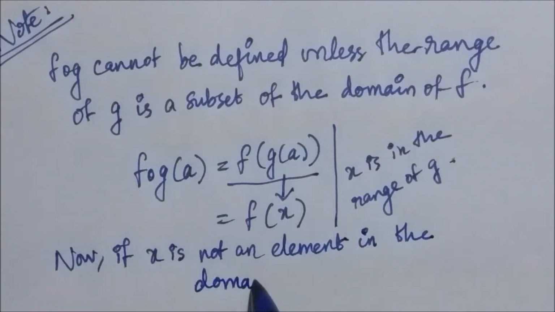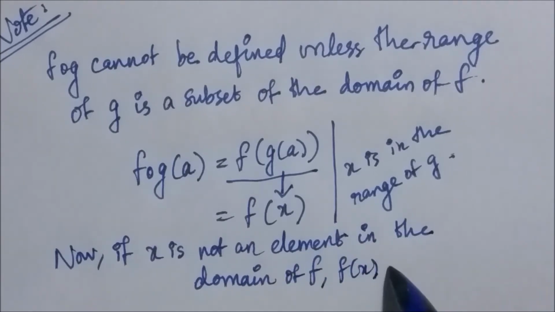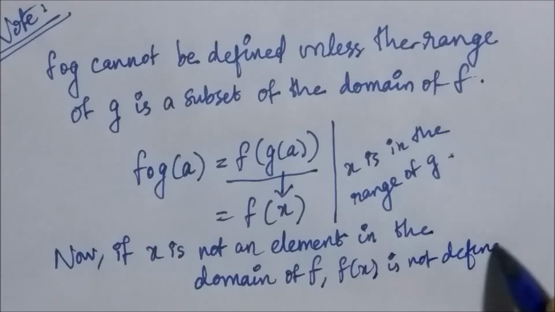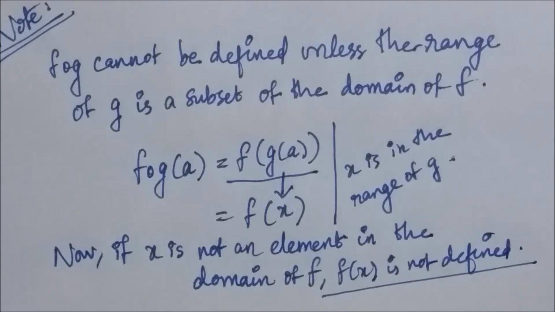Now suppose that x is not an element in the domain of F, which means that F of x doesn't have any value, because x is not in the domain of F. So that's why, when F composition G has to be defined, the range of G should be a subset of the domain of F. Then only we can define F composition G.